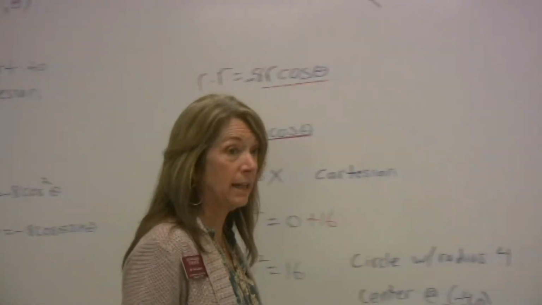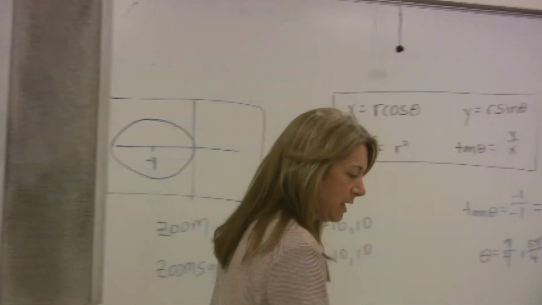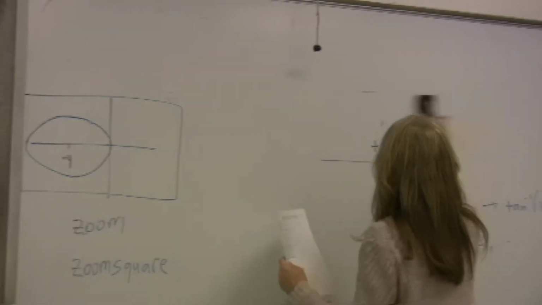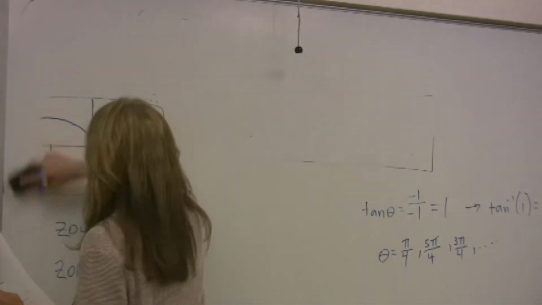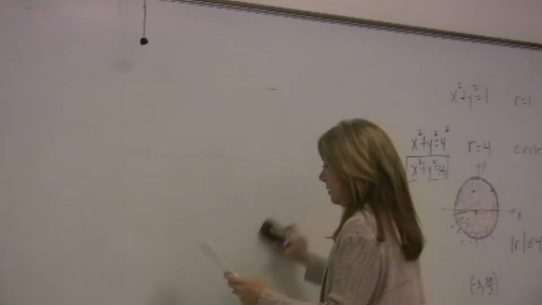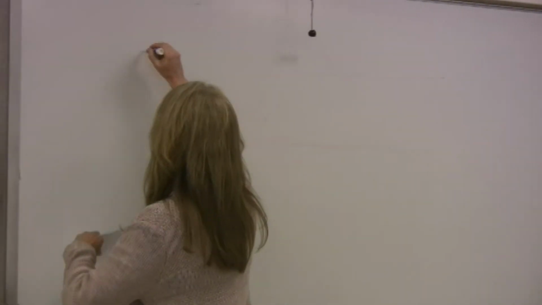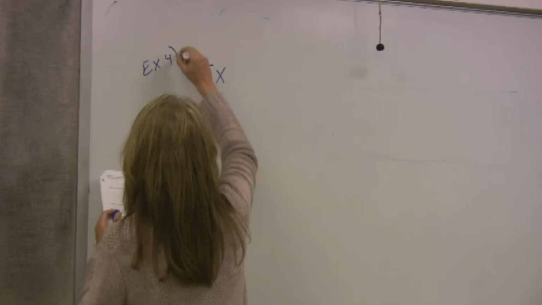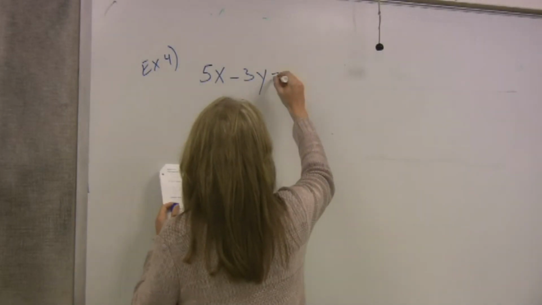Now we have a line, 5x minus 3y equals 15. So this is example 4. 5x minus 3y equals 15.